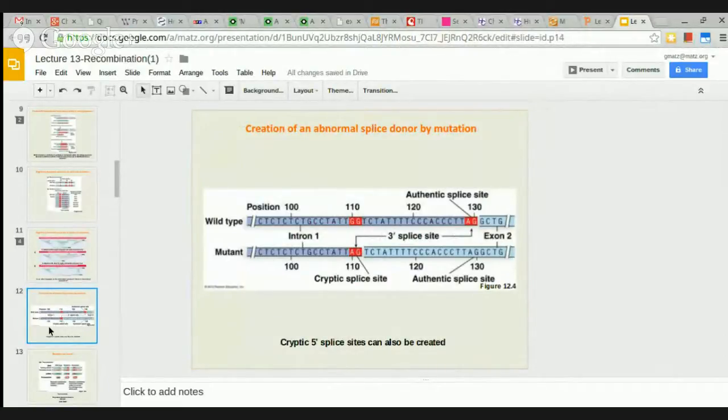For example, a single nucleotide change can in fact create another splice site. In that case, you're creating an acceptor site that's farther into the intron, and you are adding sequences to the exon. So you're creating a new fusion between exon 1 and exon 2.